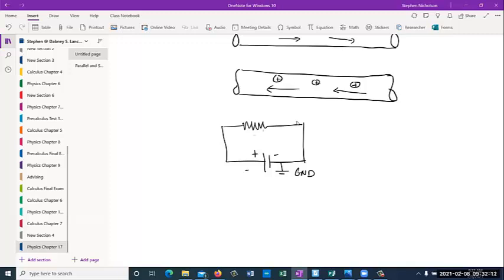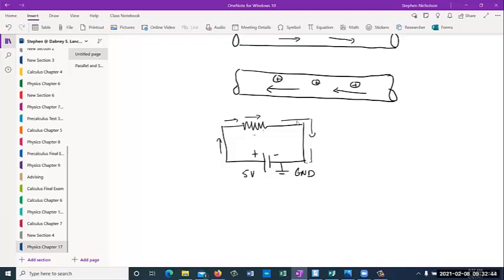And on the positive side, we'd have 5 volts. Then we attach a resistor, and we think of the current flowing this way, around. So from the positive side of the battery, the positive charges flow around, go through the resistor this way, and then come back here.